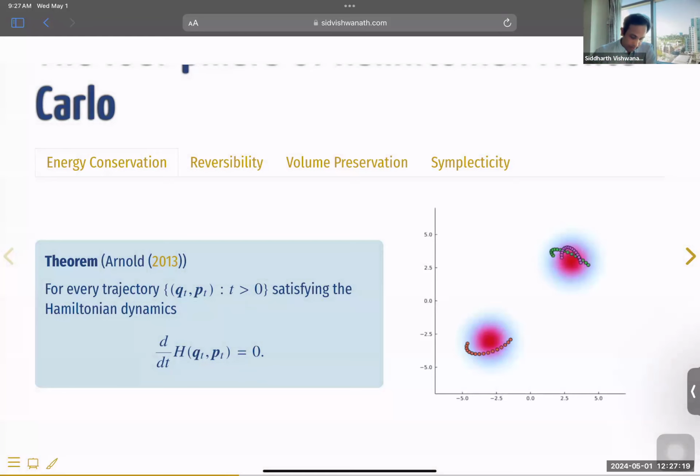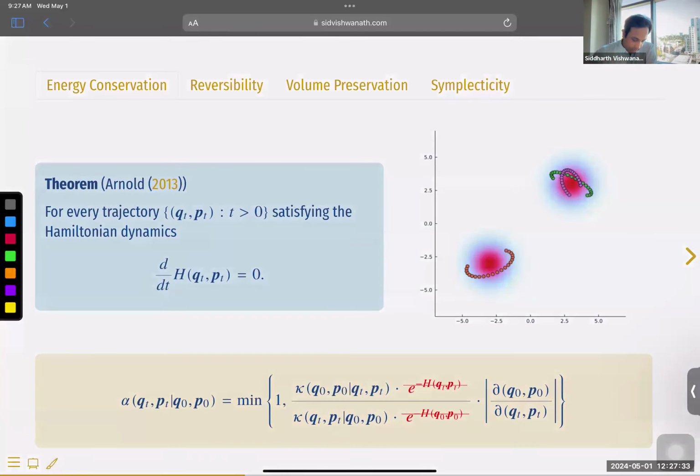Effectively, when you generate Hamiltonian flows, you're traversing isoenergy contours in your phase space. This allows the ratio over here to become 1 because energy is conserved, so you don't have to compute that ratio when computing this acceptance probability.